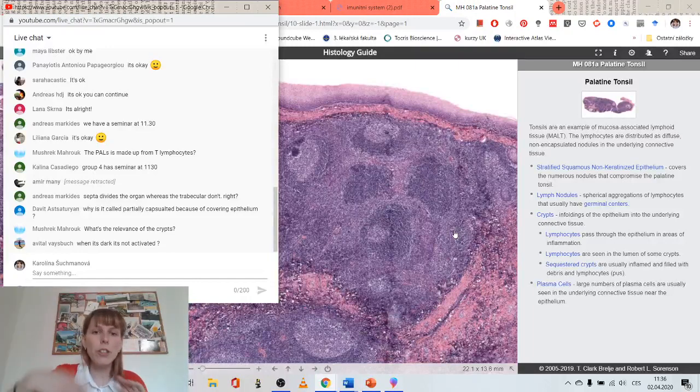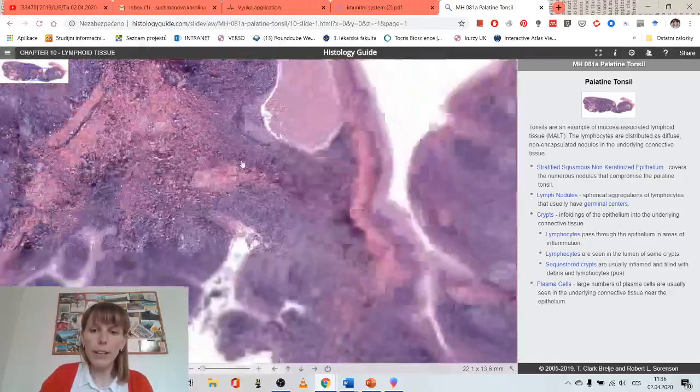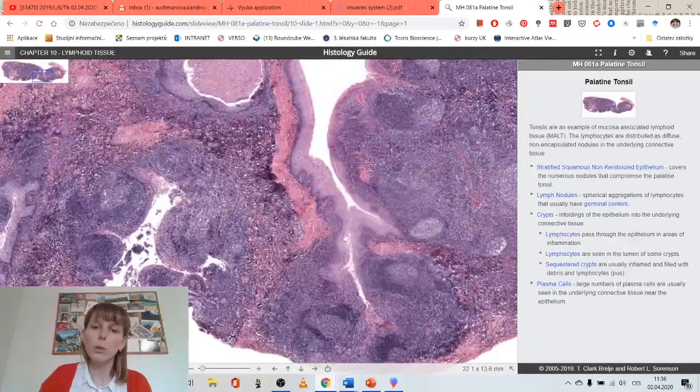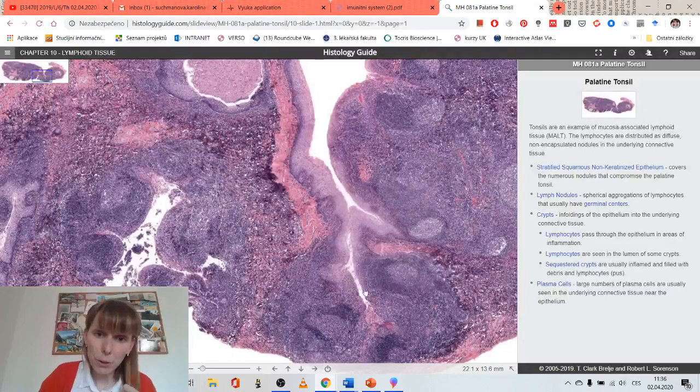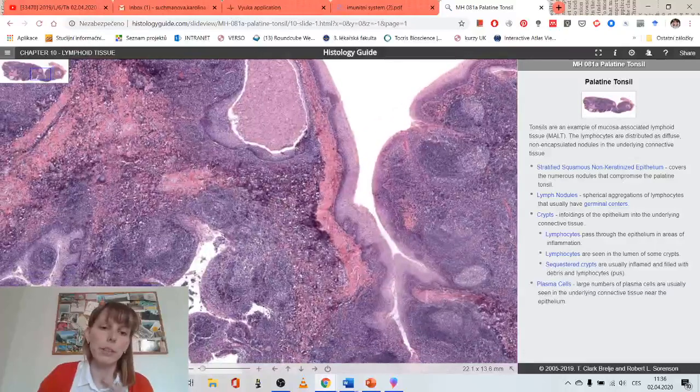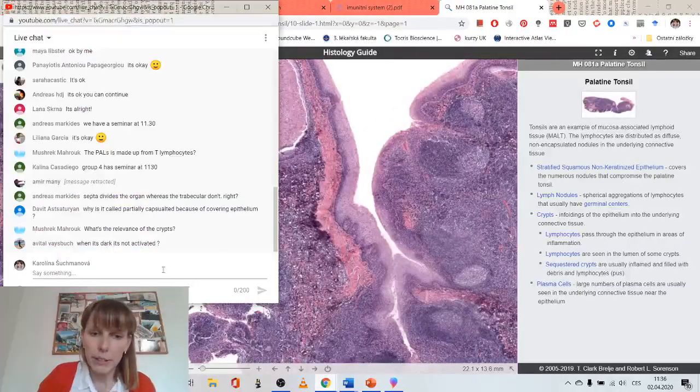So you ingest all kinds of stuff, and you need all the bacteria, the pathogens, to be able to reach the lymphatic organ here. So that's why the crypt is enabling you to enlarge the surface for the tonsil to be able to react to more of these pathogens. So that's the relevance of the crypts.